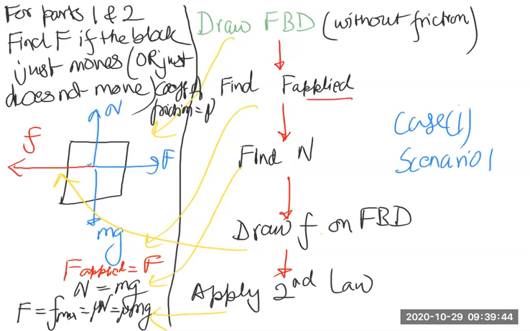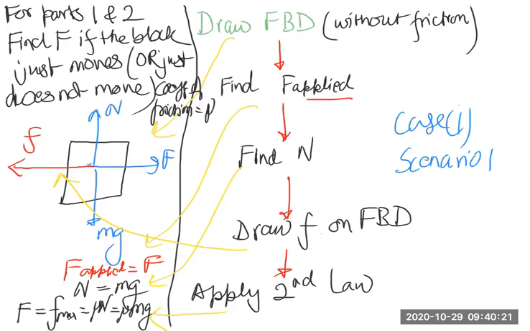So let me repeat what I have done. मैंने पहले FBD बनाया. We did that in the last class. I found F applied. We did that in the last class. There is no ambiguity here. We found the value of N. I have found the value of N. We did that in the last class because we know that the object is not moving, right? Then I have drawn friction on the FBD. Okay, and I can draw this because F applied does not have any ambiguity.